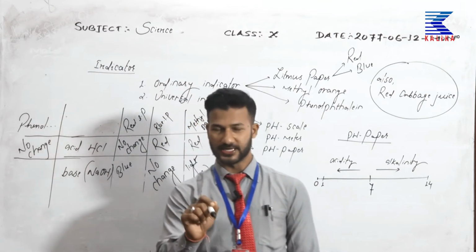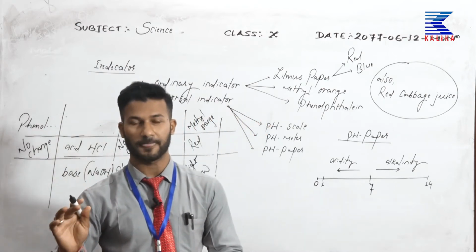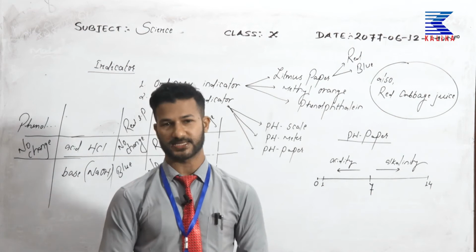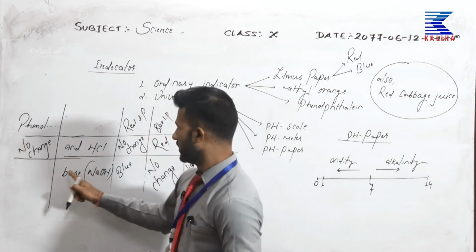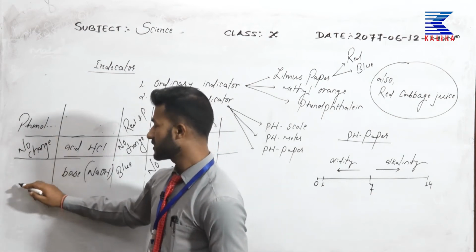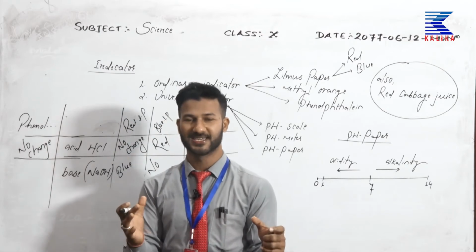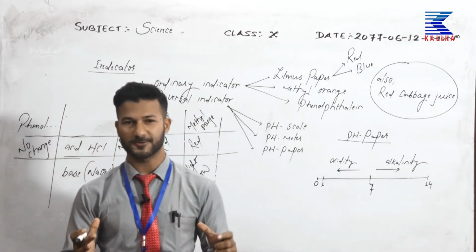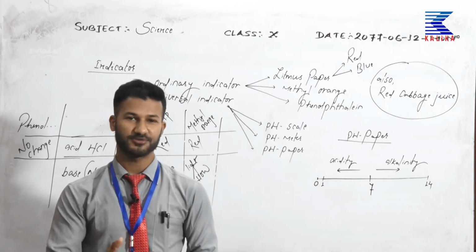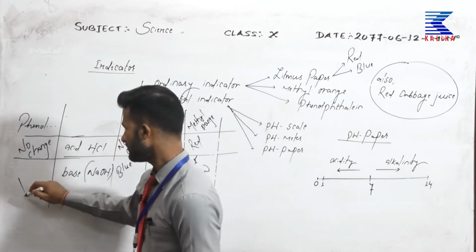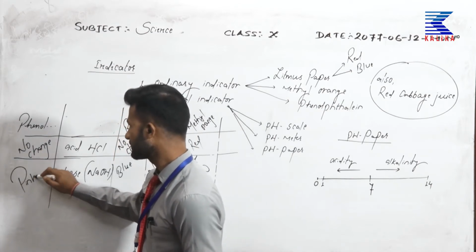Let me tell you one thing, phenolphthalein is originally a colorless liquid substance. With base, phenolphthalein brings an interesting change. Phenolphthalein is converted into a pink colored liquid when treated with base, pink color.